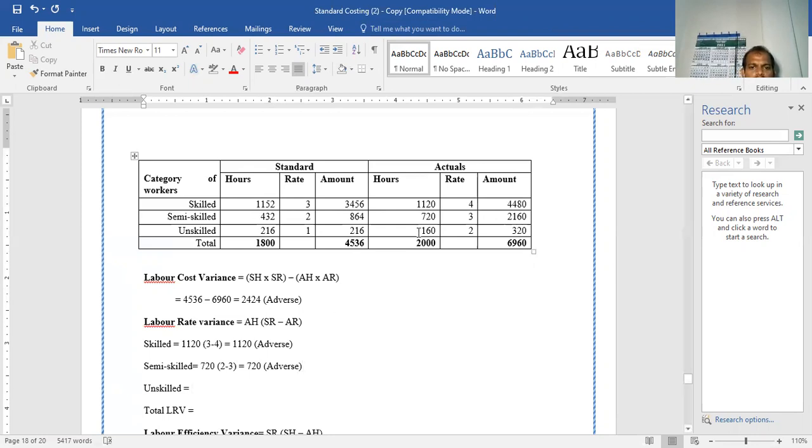Unskilled labor, 160 hours into 1 minus 2. Here also we incurred more cost, 1 rupee extra, so 160 adverse. So for the total labor rate variance, all are adverse. We have to combine all variances.